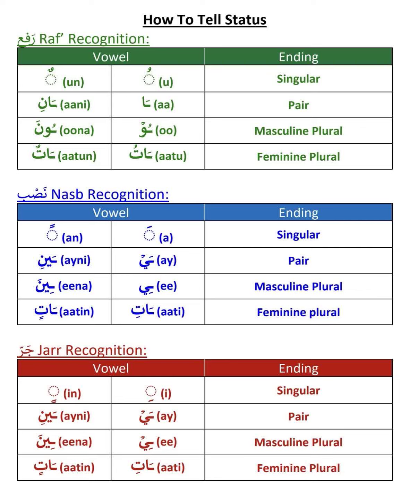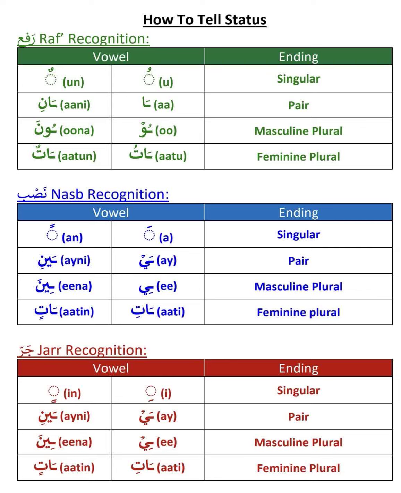Sometimes you may see the u sound, but it might not be an ism. It has to be an ism and the u sound, then only it will become rafa. Because if it is a fi'l, even though you hear the u sound, it is a fi'l, and a fi'l does not have rafa, nasab or jar status, so it is not rafa.